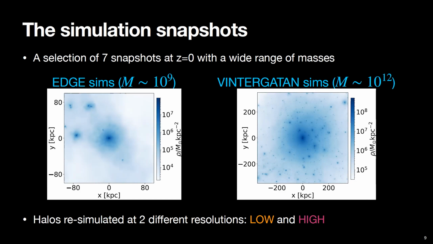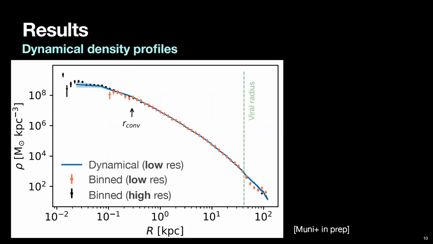I'm going to show you an example of one of the results we obtained. This is just one of the halos we looked at, but it sums up the main results that we see across all halos. If you focus on the orange points, those are the traditional estimates for the low resolution snapshot. The black dots are the binned estimate for the high resolution simulation.